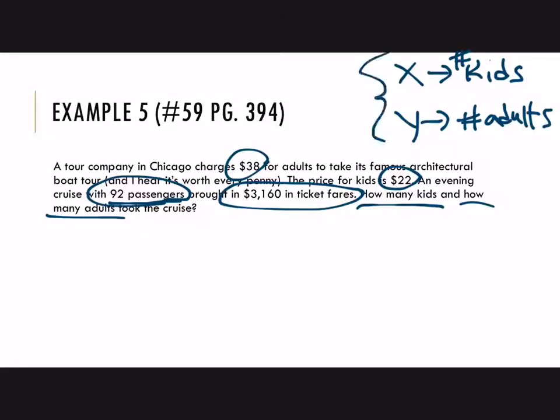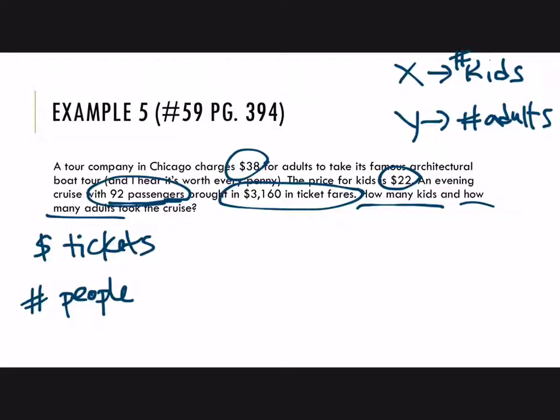We're supposed to solve for the number of people, kids and adults, and we have 92, which is the total number of people. Then we have these prices. Usually if you have two types of numbers like this, that's another clue. So let's write one equation that represents the dollar amount of the tickets, and a second equation that represents the number of people.